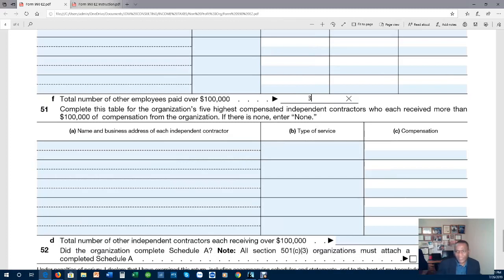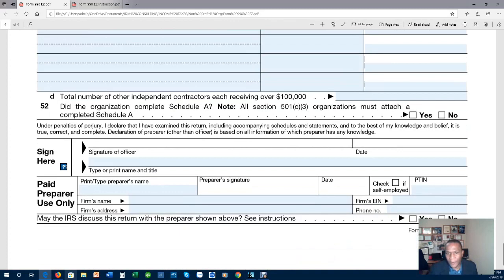The 5 highest compensated independent contractors, people that are on 1099, who each receive more than $100,000 of compensation from the organization. Same thing here. Okay, and then total. Then line 52: did the organization complete Schedule A?